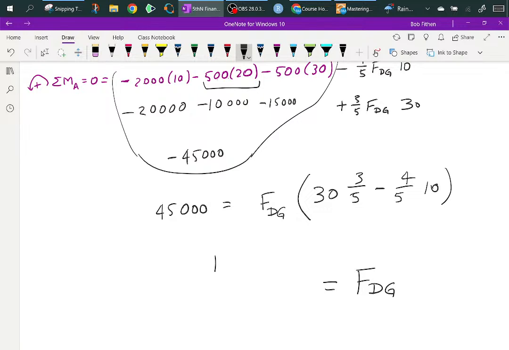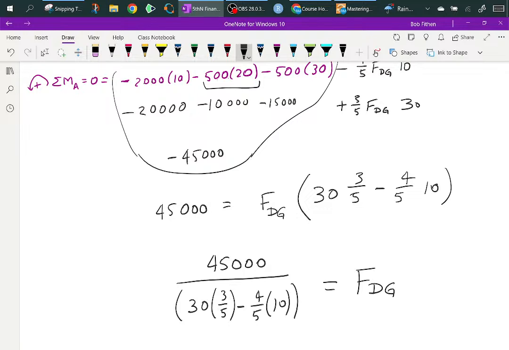Let's see if I can write good enough for it to recognize 30 and 3/5 minus 4/5 of 10. Let's see if this phone thing will figure that one out.